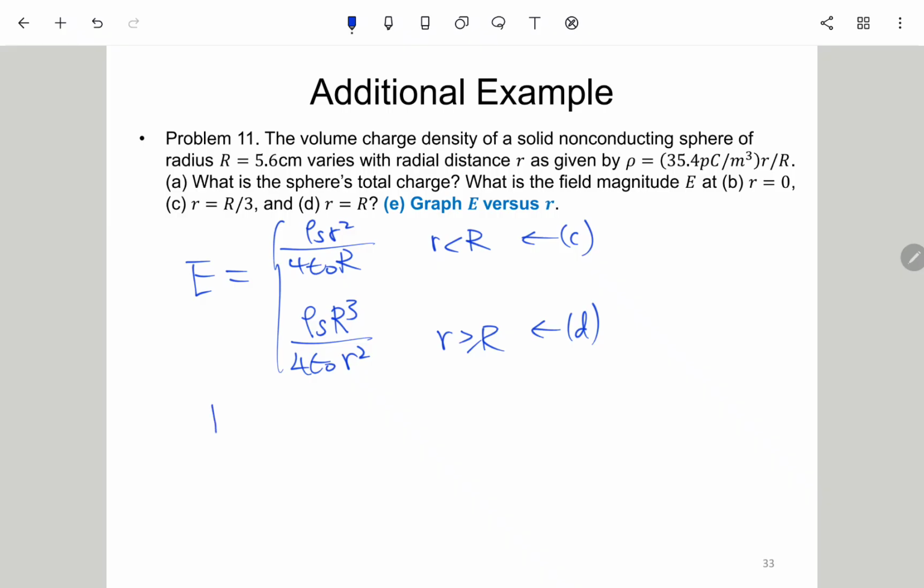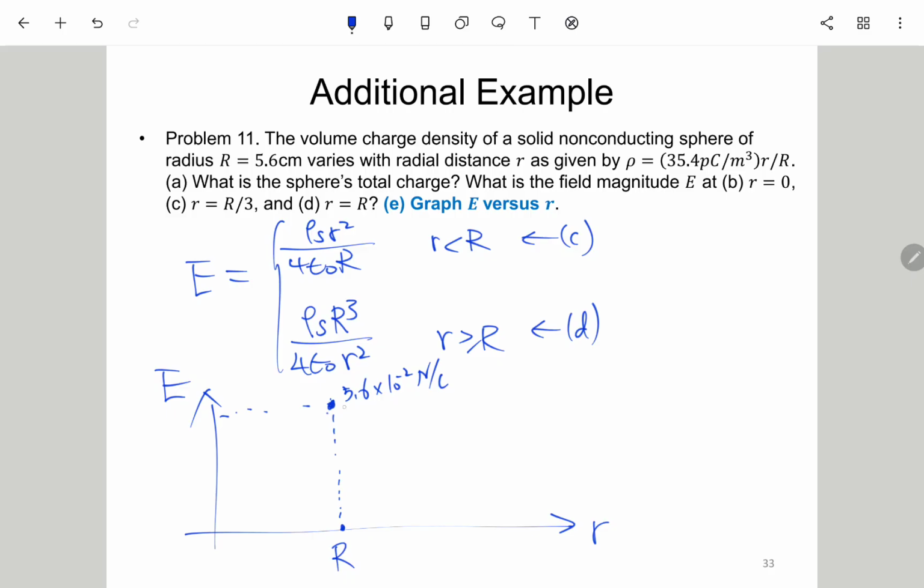So finally, we can plot the E field magnitude versus R, the distance from the origin to the point we are concerned with. The middle point here is capital R. This is 5.6 times 10 to the negative 2 Newton per Coulomb.